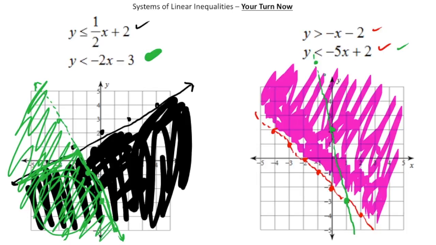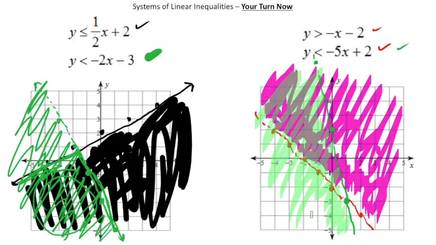Okay, and then let me get my highlighter. And we're going to have y is less than -5x plus 2. So from the y-intercept, y decreases as we go down, right? So we're going to shade in the left-hand side of the line. Just like that, okay?